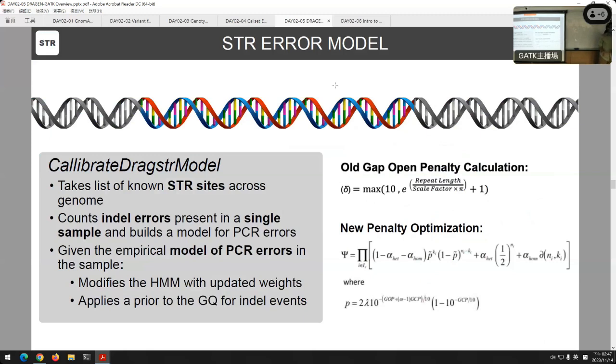Well, now as our haplotype caller is going through, if it can identify, hey, this particular read here is entering one of these regions, an STR region, a short tandem repeat, we can now adjust our Bayesian priors based upon the calculated error rate we made over the file and say, well, we know this file has a certain error rate we calculated. Let's use that as a prior.